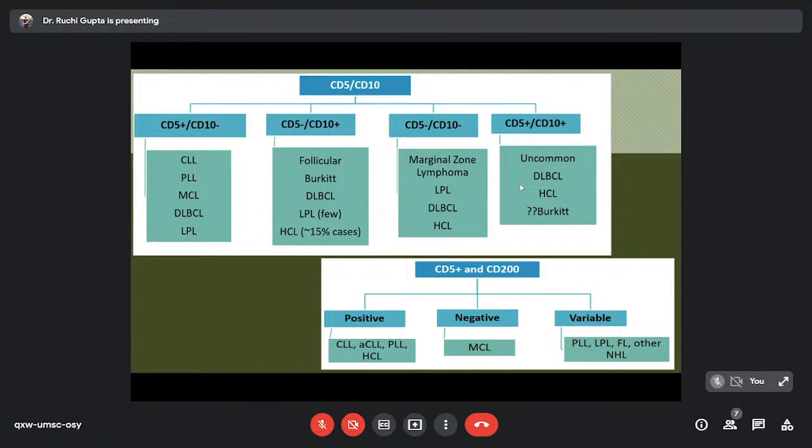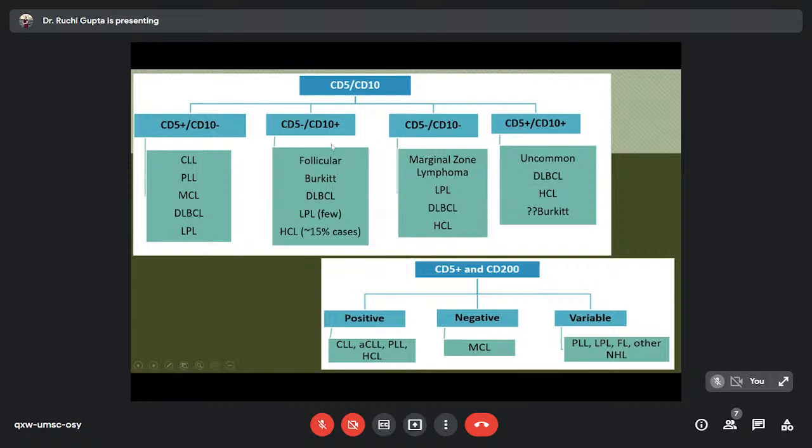In LPL, usually you have a more plasmacytic differentiation, and rouleaux formation is also quite frequently appreciated. So though if you look at the cell individually it might come as a differential for CLL, LPL usually has a different kind of manifestation. A close differential would be mantle cell. Then I'll be moving to PLL in subsequent slides.